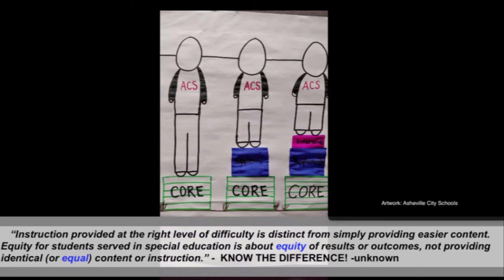Let's remember, instruction provided at the right level of difficulty is distinct from simply providing easier content. Equity for students served in special education is about equity of results or outcomes, not providing identical or equal content or instruction. We need to know the difference.